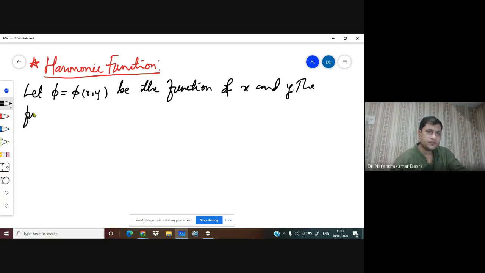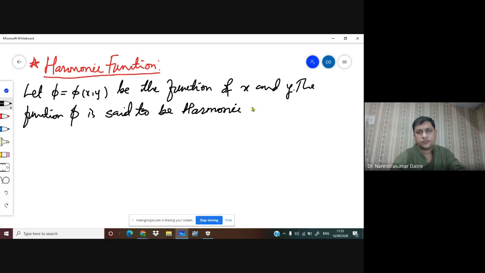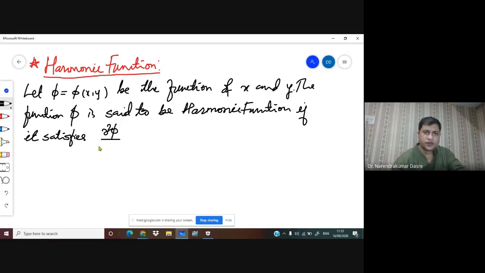The function phi is said to be a harmonic function if it satisfies double square phi by double x square plus double square phi by double y square is equal to 0.